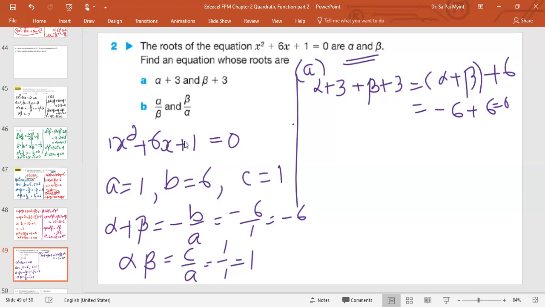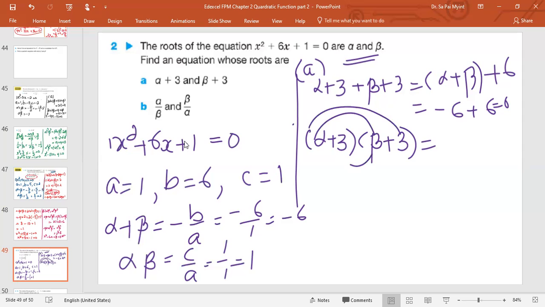And then you need to multiply alpha plus 3 and beta plus 3. You can multiply with FOIL, F-O-I-L. FOIL means first, outer, inner, last. You can multiply like that, no? So first, what do you get?